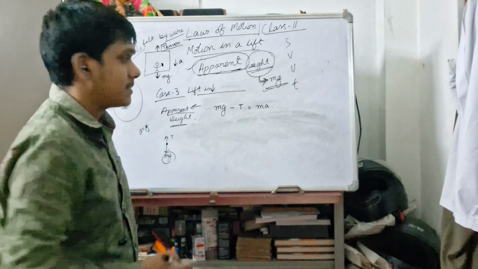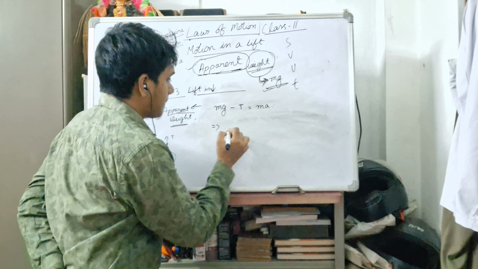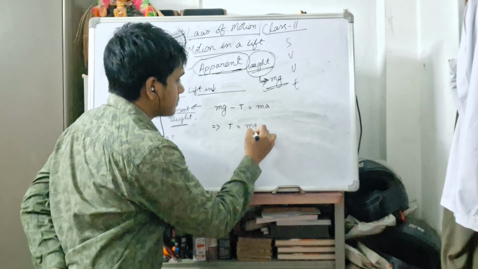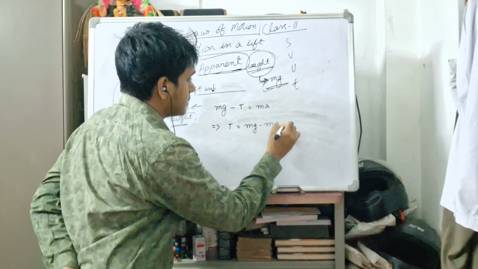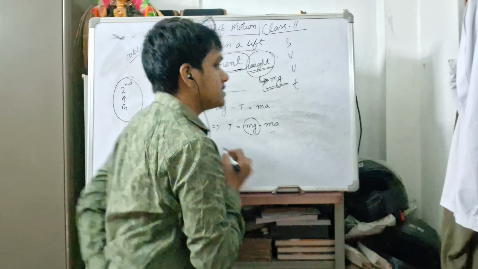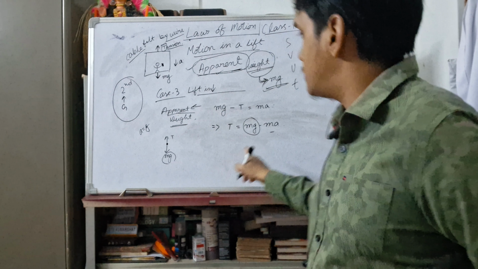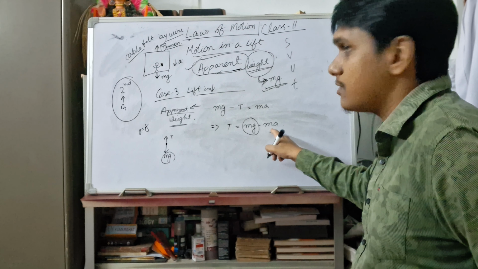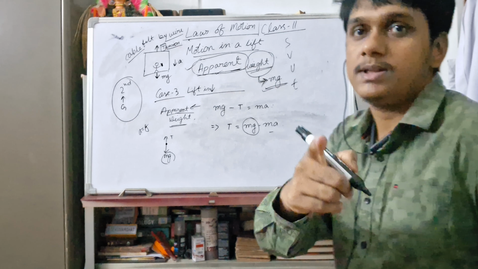Now T equals mg minus ma. See, this was your actual weight, but you are subtracting something from your weight. That means you are feeling lightweight.